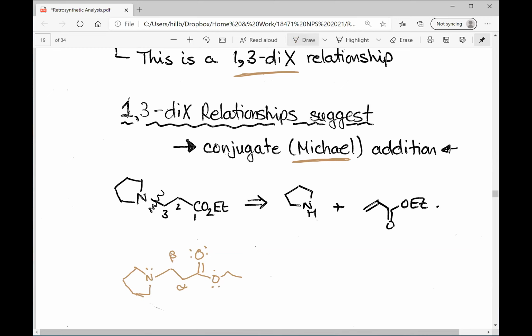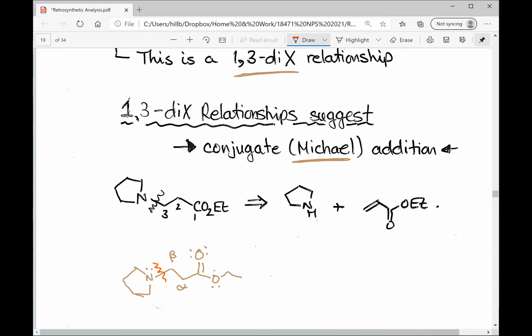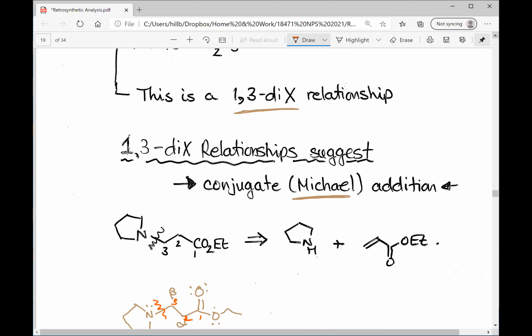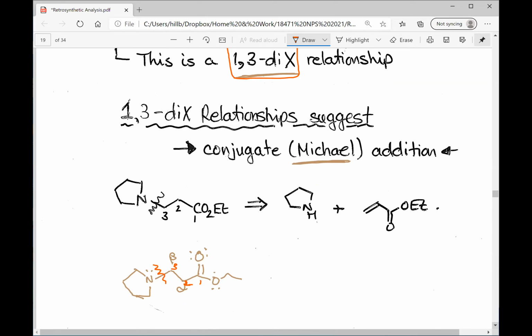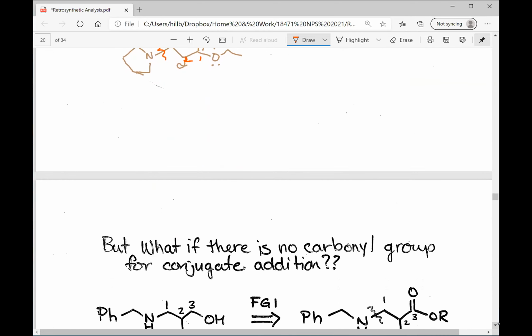If this is the bond we're breaking, basically 1, 2, 3. It's 3 bonds away from the actual carbonyl itself. I kind of don't like the way that this is, but it's good for numbering stuff, so I shouldn't really complain. So that is one.